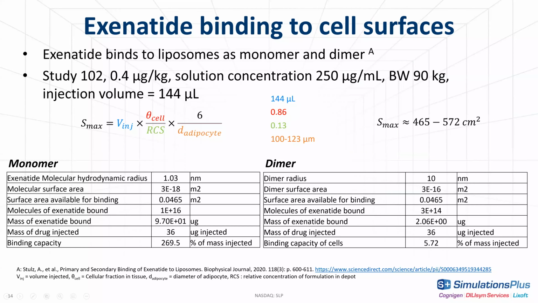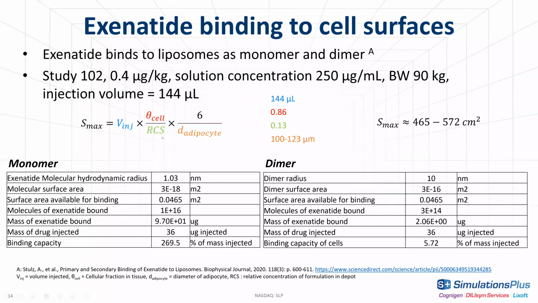You can calculate roughly the surface area that you can cover with that formulation, the adipocyte surface area. Roughly, the diameter of an adipocyte can range from 100 to 123 micrometers, depending on the obesity of the subject.